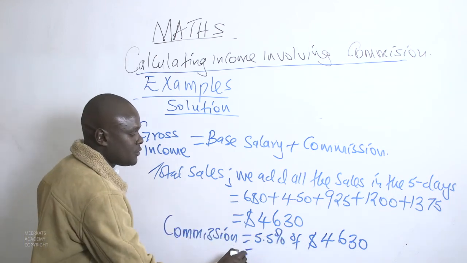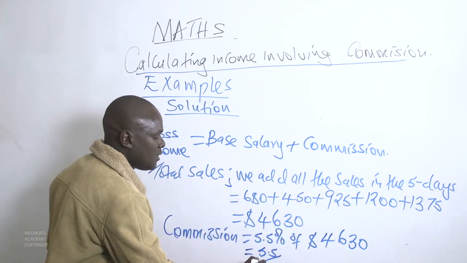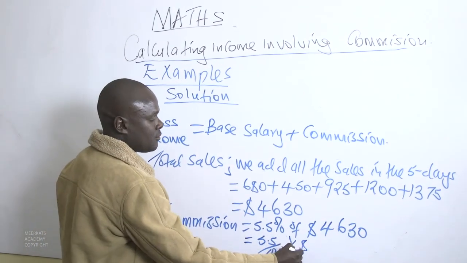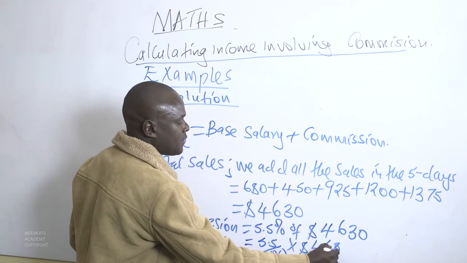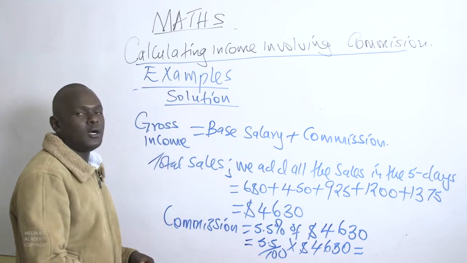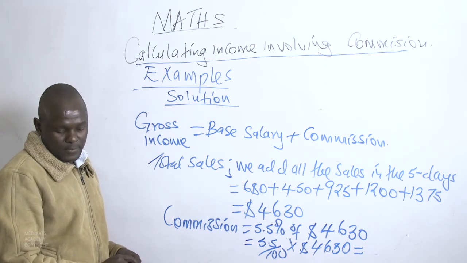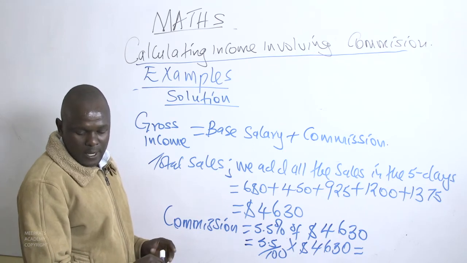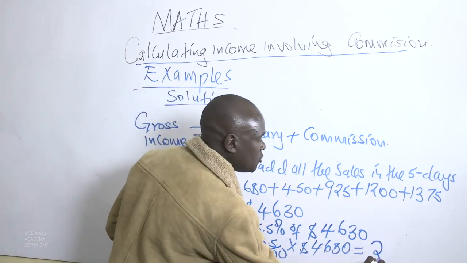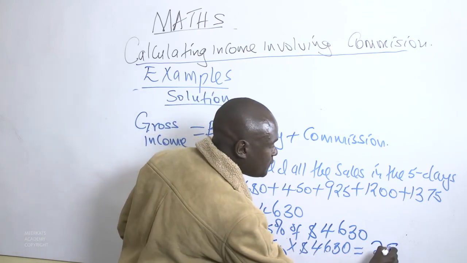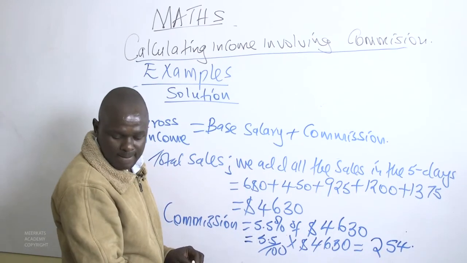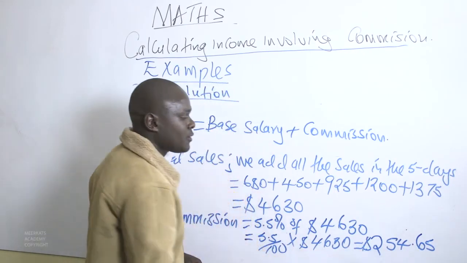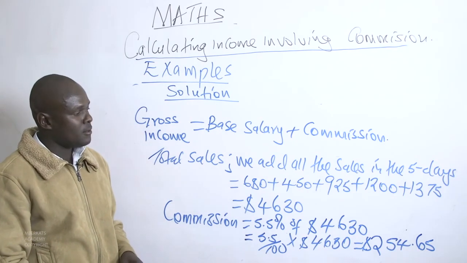This will be the same as 5.5 out of 100 multiplied by $4,630. And this will give us a commission of $254.65.